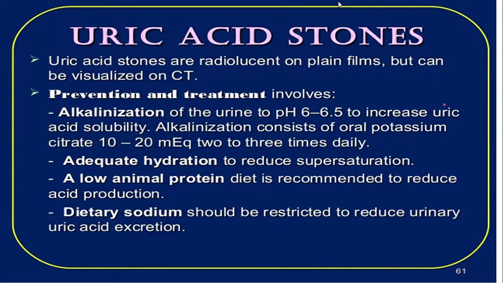Aside from trying to decrease the uric acid, it also tends to make the uric acid less likely to precipitate and become a stone. So if you look at this one, doctor, alkalinization of the urine to pH of 6 to 6.5 increases uric acid solubility.